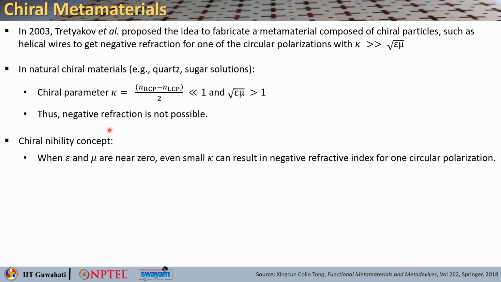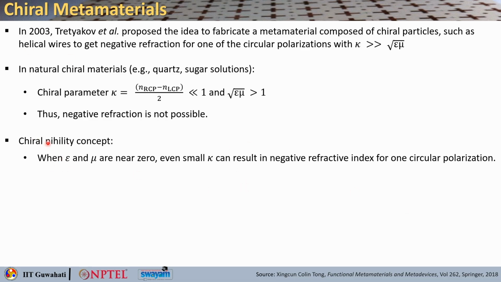Now, in chiral metamaterials, kappa, this chiral parameter, can also be a complex number, where the real part basically relates to optical rotation, that is the rotatory power, and the imaginary part will cater to circular dichroism, that is the difference in the absorption between the two circularly polarized lights, LCP and RCP, right.